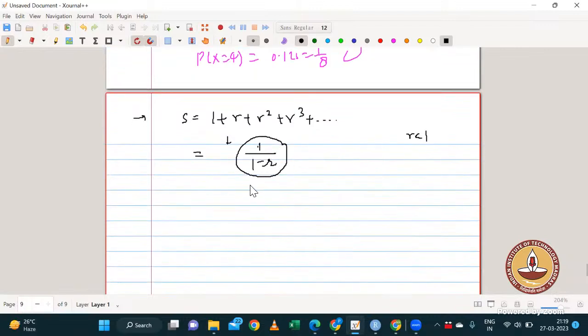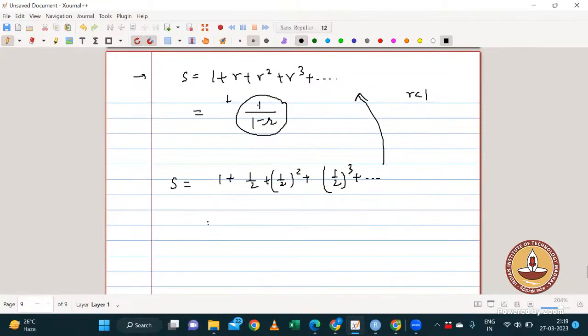Suppose after putting some value you are getting 1 plus half plus half square plus half cube and so on, this kind of series. Summation of this series would be 1 divided by 1 minus r. R is less than 1 means, can it go below 0, sir? No. Below zero.